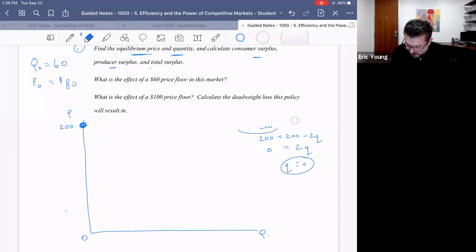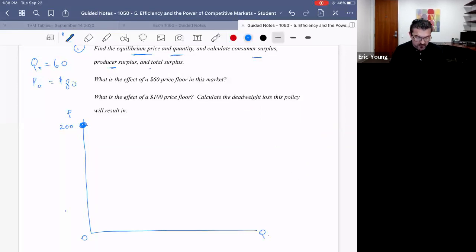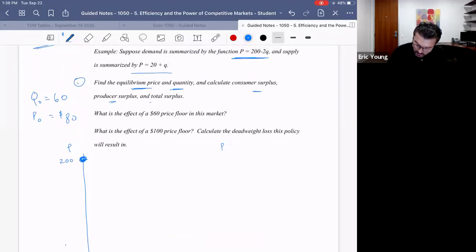Then you go the other way. Since we set the Q equal to 0 and got a price of 200, let's set price equal to 0. Price equals 200 minus 2Q. 0 equals 200 minus 2Q. Negative 200 equals negative 2Q. And therefore, Q equals 100.